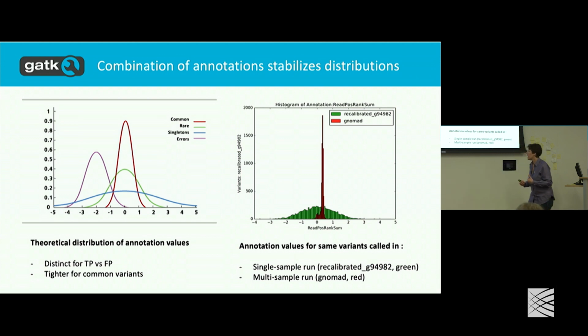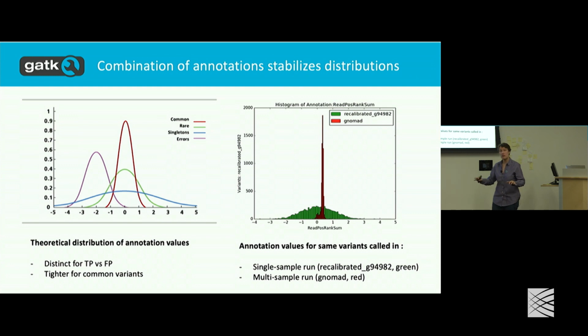modeling and filtering. And what I'm showing here is the effect of adding many samples to your analysis: it smooths out the distribution of the annotation values. It basically compensates for chance fluctuations that you might have for various reasons.